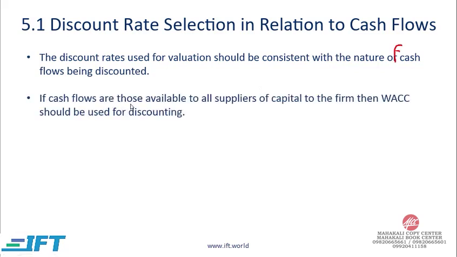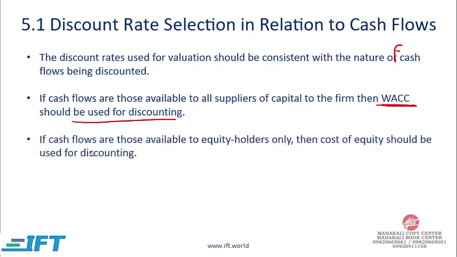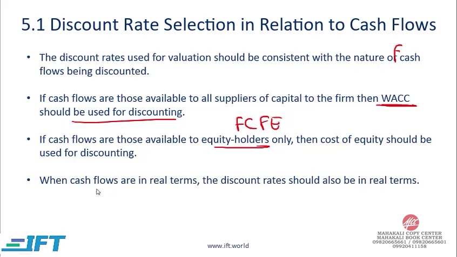If cash flows are those available to all suppliers of capital to the firm, then the cost of capital should be used for discounting. And we talked about this on an earlier slide. If cash flows are those available to equity holders only, for example, if we are using FCFE, then the cost of equity should be used for discounting.